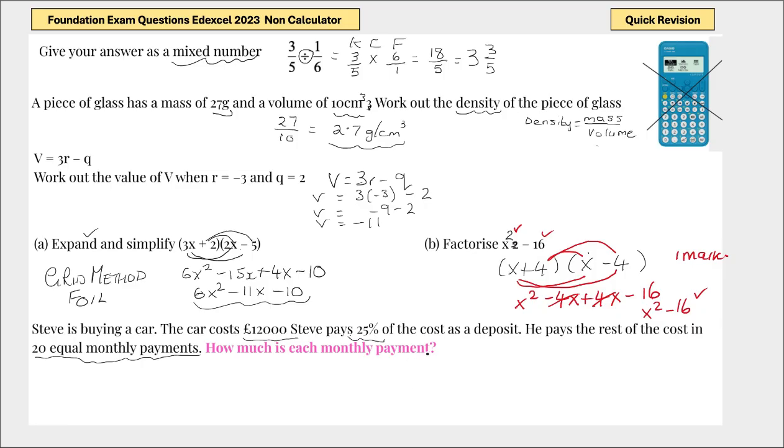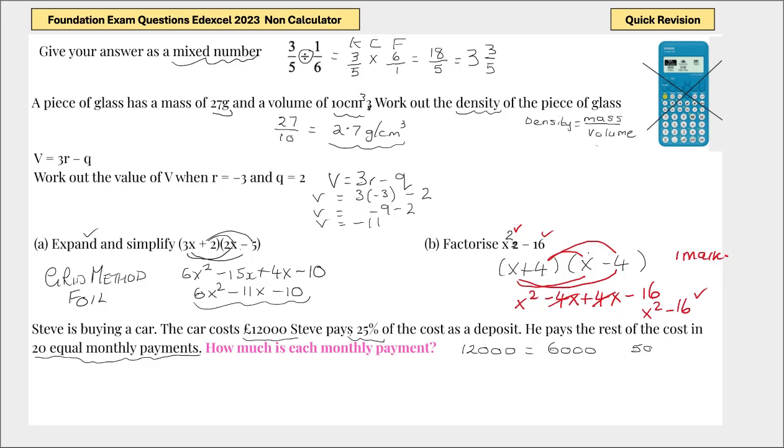So what we need is to know what is 50% of £12,000. That would be my first thing to do. Remember, we have not got a calculator, so we are going to have to break it down. So we've got 12,000, and I want to find out 50% of that. Well, you will know that 50% of that is 6,000, because it's literally half.